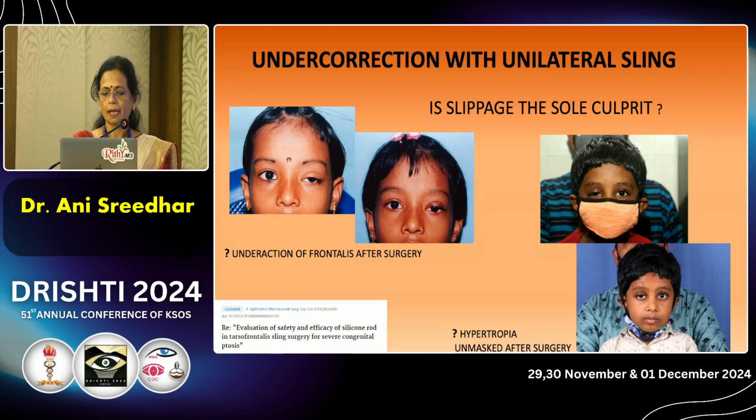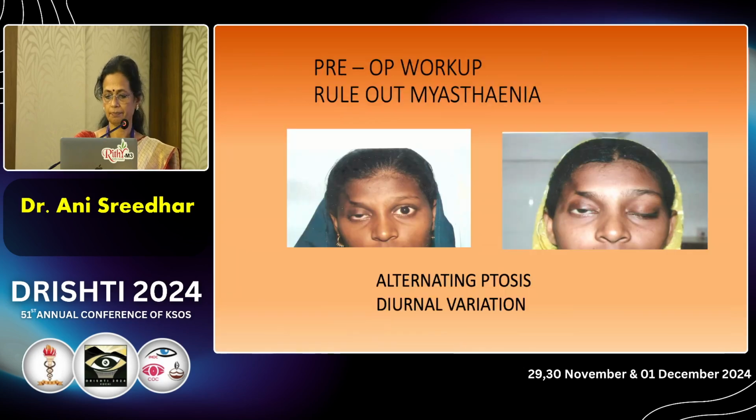And hypertropia can also be masked after surgery, and you can hear the mother saying that it looks the same. And always, as Indu pointed out, always rule out myasthenia. I've had 4 or 5 cases in which after levator resection the lid starts to droop after 4 or 5 years.